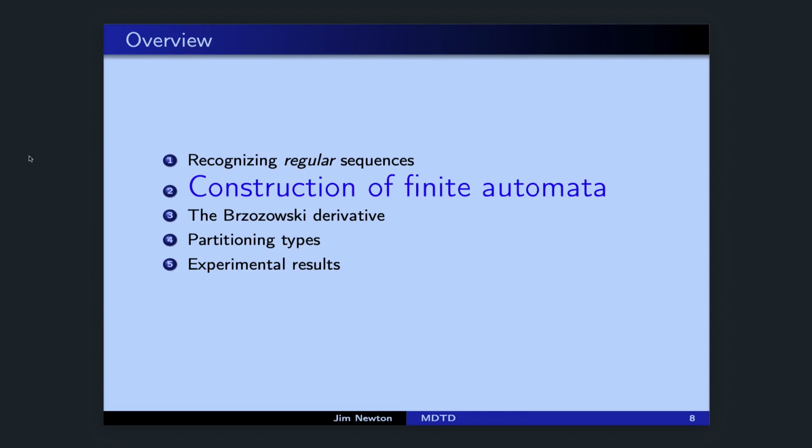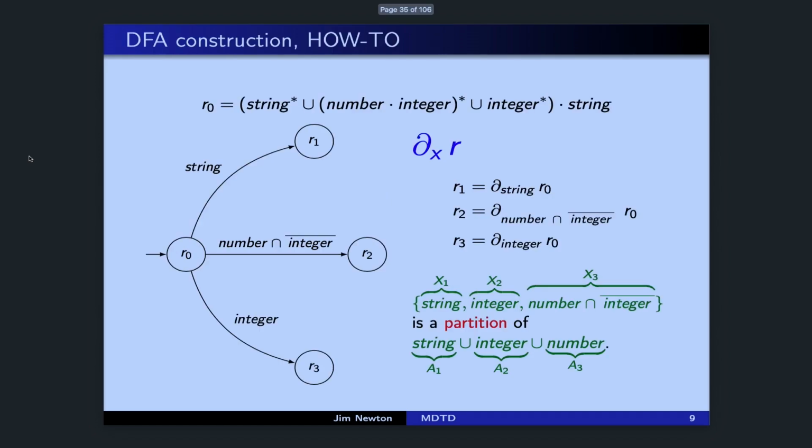So the question now is, how do we construct these finite automata? This quite scary looking slide, what I want to express here is that we're given some rational expression or some regular expression at the top involving concatenation, stars, unions, intersections, and so on. We want to start with, I don't have a laser pointer, R0 corresponding to that expression, and then we derive other regular expressions from that using this blue symbol, the derivative of R with respect to X. Each time we evaluate that, we get a new regular expression, which we associate with some new state, and that's how we generate new states in the finite automata.